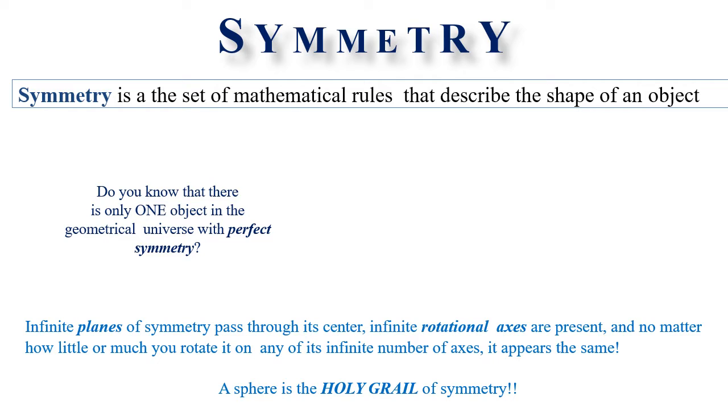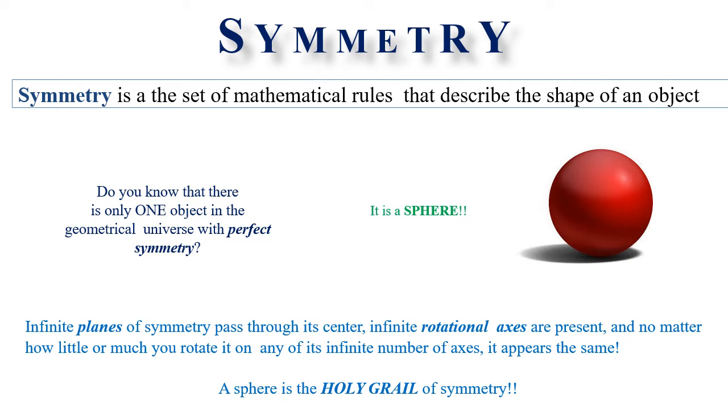So what is symmetry? Symmetry of an object is in fact the set of mathematical rules that describes the shape of the object. We know that there is only one object in the whole geometrical universe that has a perfect set of symmetry. What is that object? That object is a sphere.